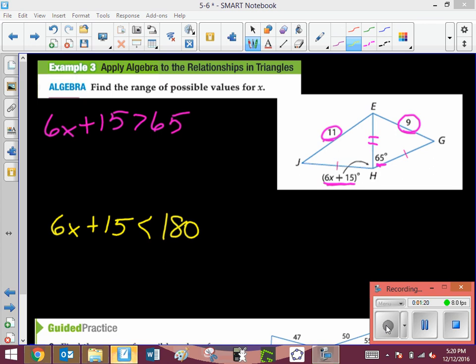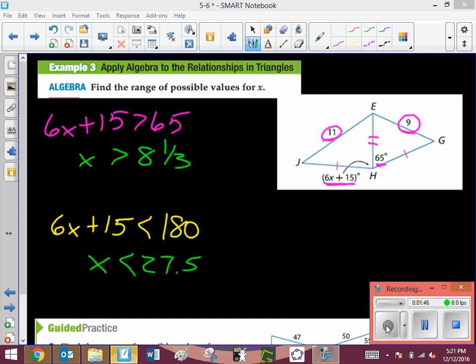So if we solve for this thing, we'll start with the one in purple up there. If I take 6x plus 15 is greater than 65, subtract 15, divide by 6, you're going to get x being greater than about 8 1/3. Likewise, if you do this one in yellow down here, subtract 15, divide by 6, x is going to be less than 27.5.